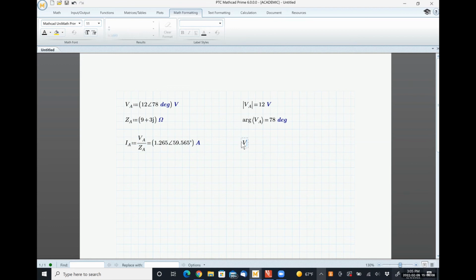If I do VA and then make sure it's highlighted, I do Control-Shift-9, that puts a bar over the top. That bar over the top is not how we designate a complex number. In MathCAD, that bar over the top denotes the conjugate operation. So we can force it to do the conjugate for us, which we can verify that this is correct. 12 angle -78 degrees.